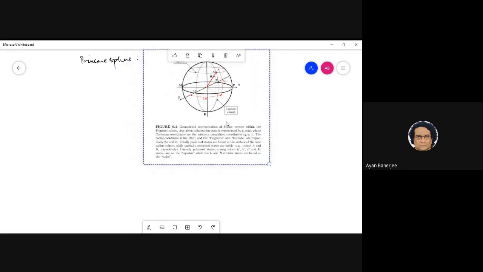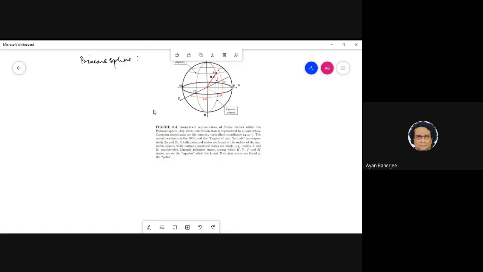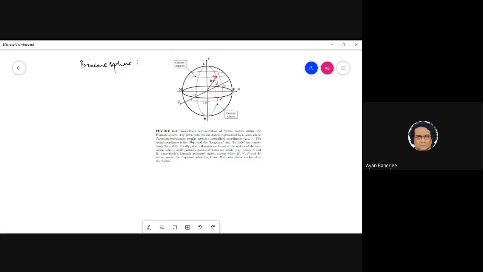Right. So this is a sphere, the geometrical representation of the Stokes vectors essentially. I think most of you are aware of this, that the poles and the equator represent different polarization states. The north pole is the LCP, this is the RCP.